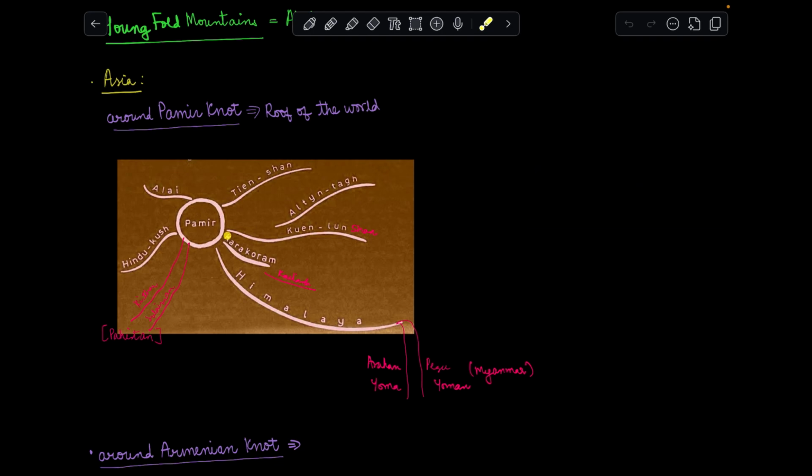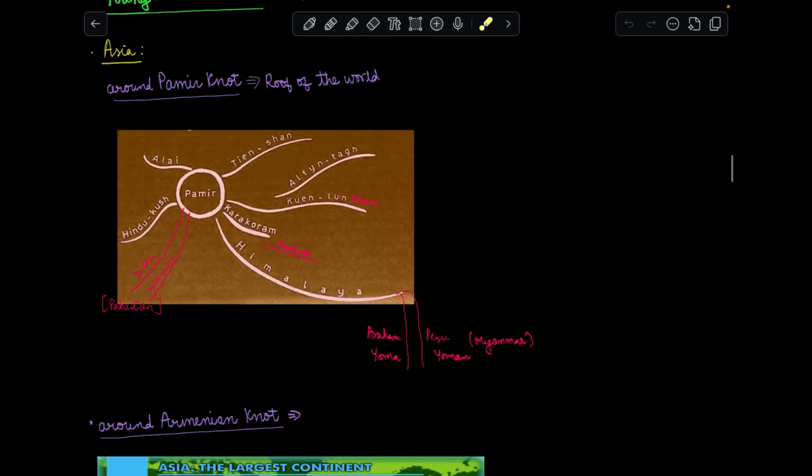Some other mountain ranges are the Kunlun Shan in China, and these two ranges of Pakistan, which are the Kirthar and Suleiman ranges. These are also from the Pamir Knot. So the Pamir Knot is a confluence of the Himalayas, Karakoram, Kunlun Shan, Altyn Tagh, Tian Shan, Alai, Hindu Kush, and the Kirthar and Suleiman ranges from Pakistan.